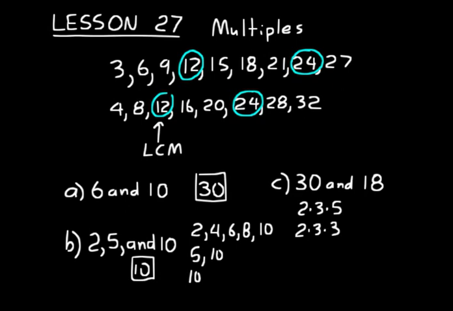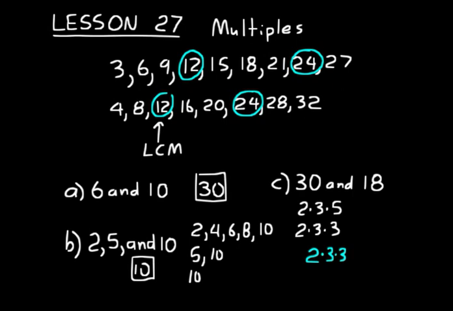Now what you do to figure out the least common multiple is you pick the factors that are used in each number, and we have a 2. Both numbers have a 2, and they have just one 2, so we'll write that 2 down. Both of them have a 3, but the 18 has two 3s, so we use the factor that's used more, and we write it 3 times 3. And then there's a 5 in there too.